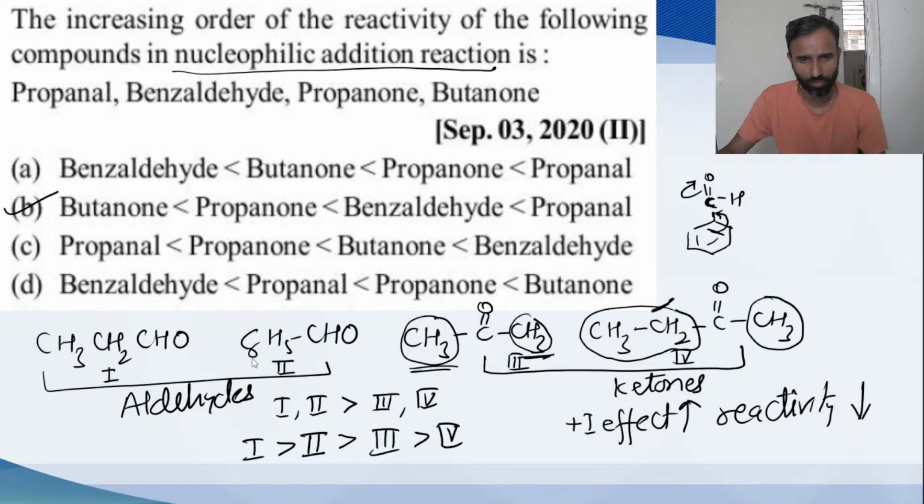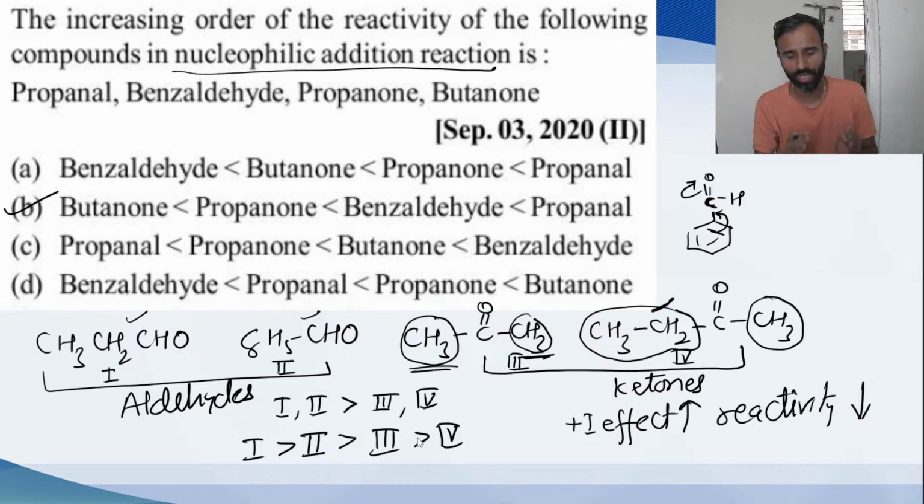Aliphatic aldehydes. First of all, out of aldehydes and ketones, aldehydes are more reactive than ketones. So first and second, that is propanal and benzaldehyde, they are aldehydes. Propanone and butanone, they are ketones.